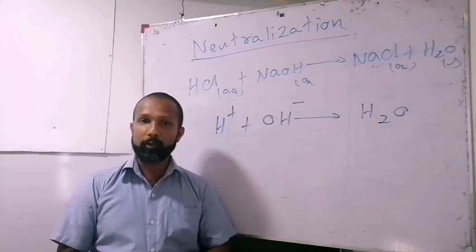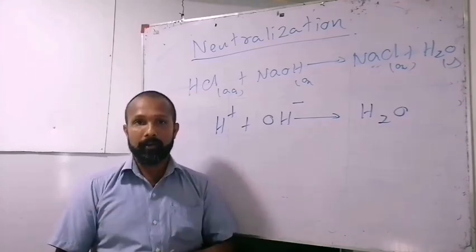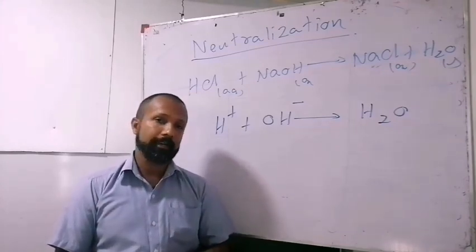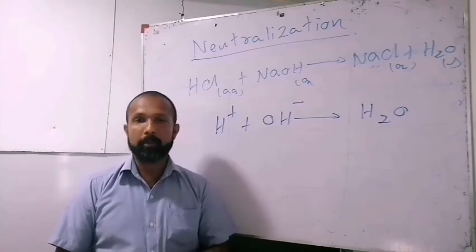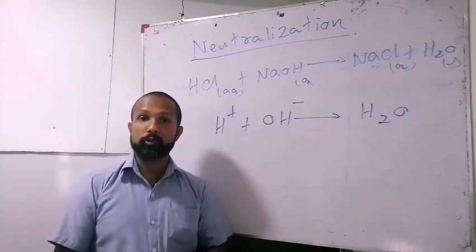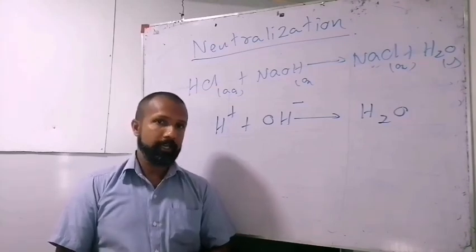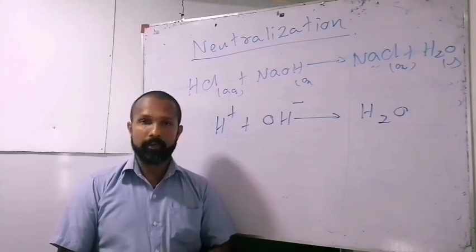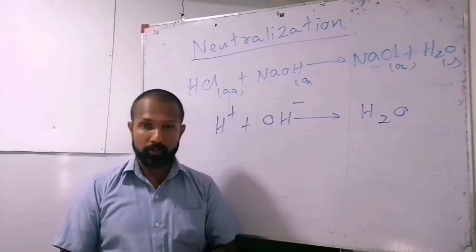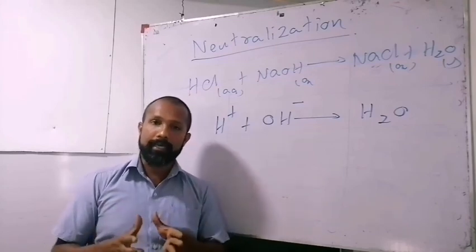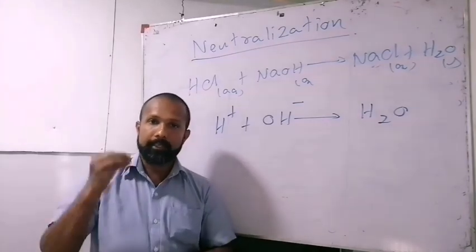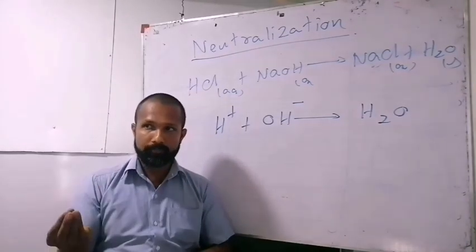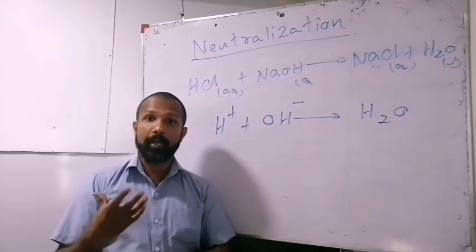We also use neutralization reactions for agricultural purposes. For example, most farmers use quicklime, whose scientific name is calcium oxide. When calcium oxide is added to the cultivation land, it reacts with the rainwater forming calcium hydroxide.